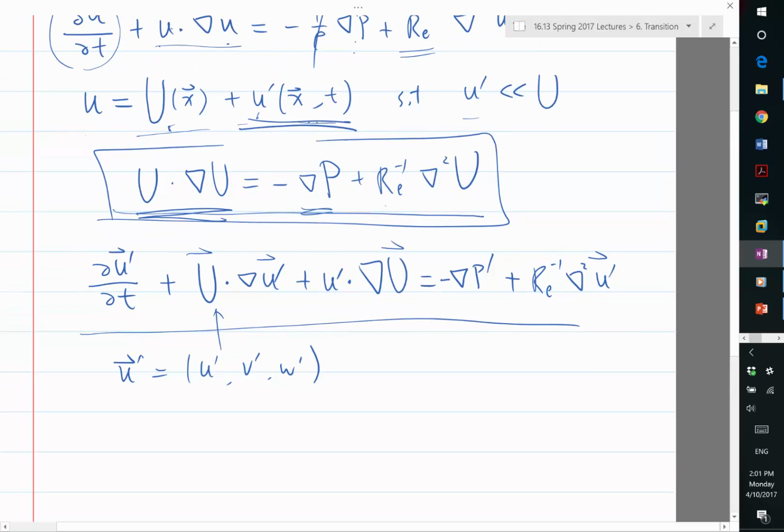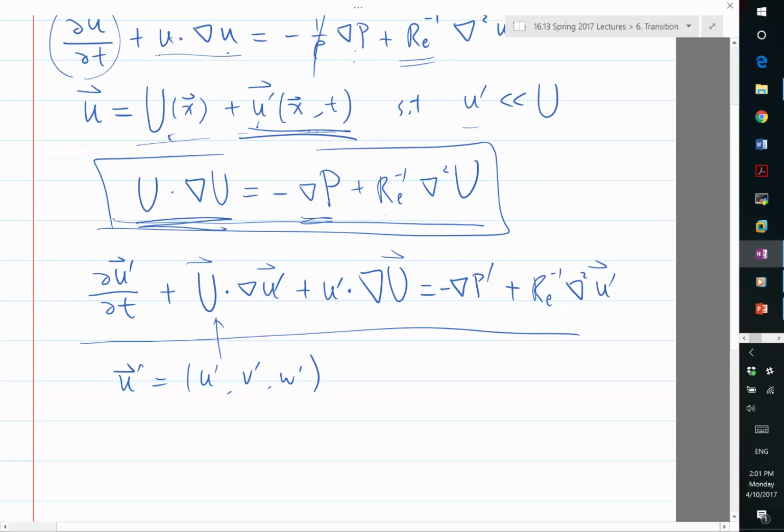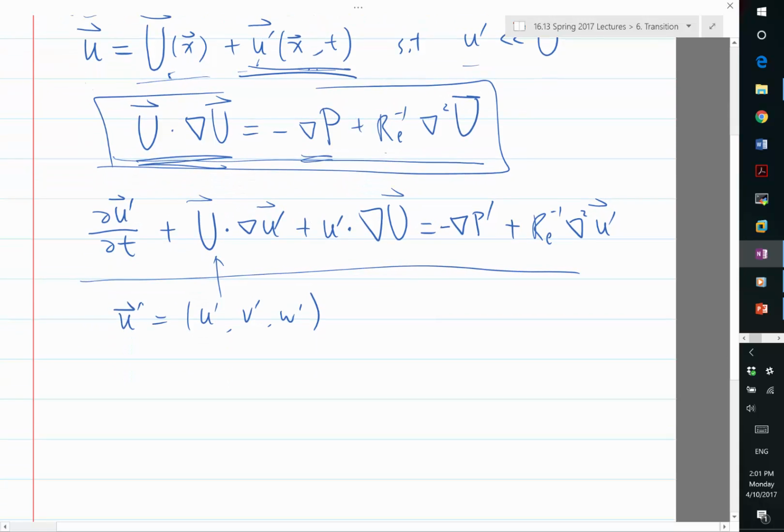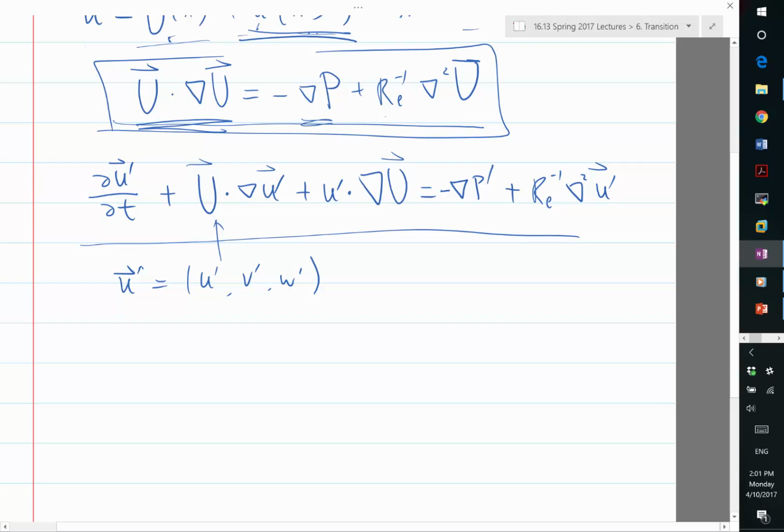Okay, these are scalars. So now let's go into scalars. And big U vector is equal to big U and all the V's. There is no W, so V is much less than U. Okay, so with this assumption, the equation becomes 3 equations.